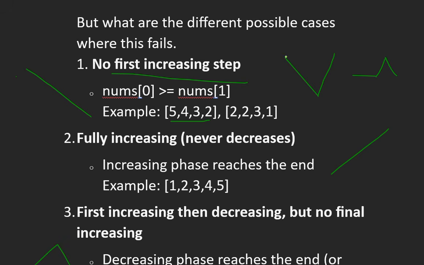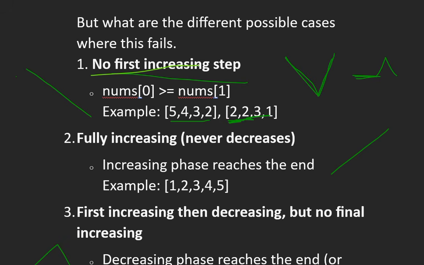Or another case could be first decreasing then increasing, but we don't have the first increasing step. The other case is that instead of increasing it is a flat line, but in the question we are asked strictly increasing, means two numbers can't be the same either. That also makes it fail.